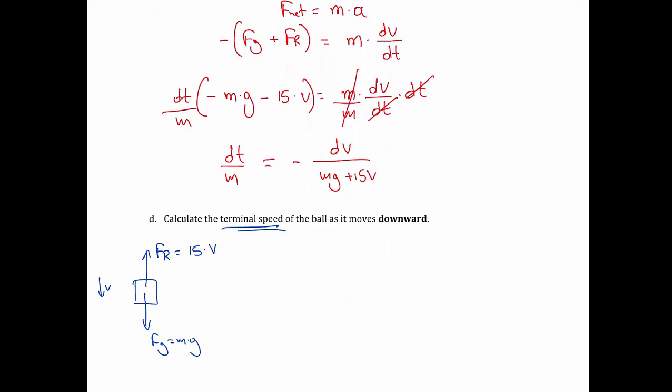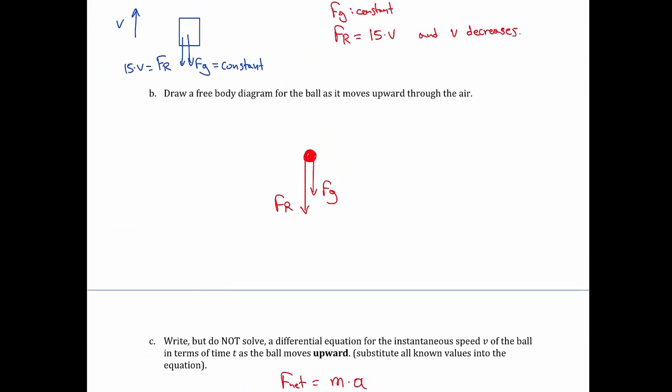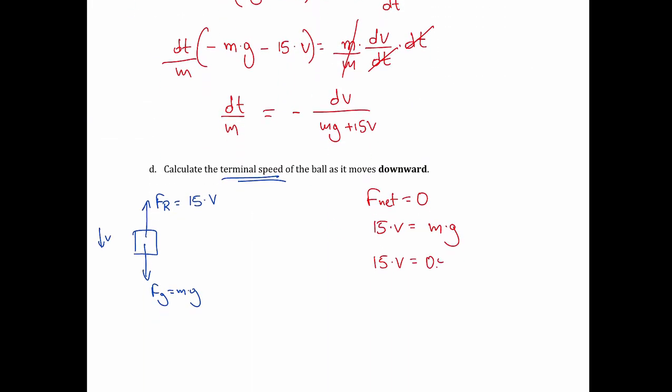Now, at the terminal velocity, the net force is equal to 0, and this means that 15 times v is equal to mass times g, so 15 times the speed is equal to the mass, which is 0.2, multiplied by the acceleration of gravity, which is 9.8, so 15v is equal to 1.96, and dividing by 15, we find that the terminal speed is approximately 0.13 meters per second.